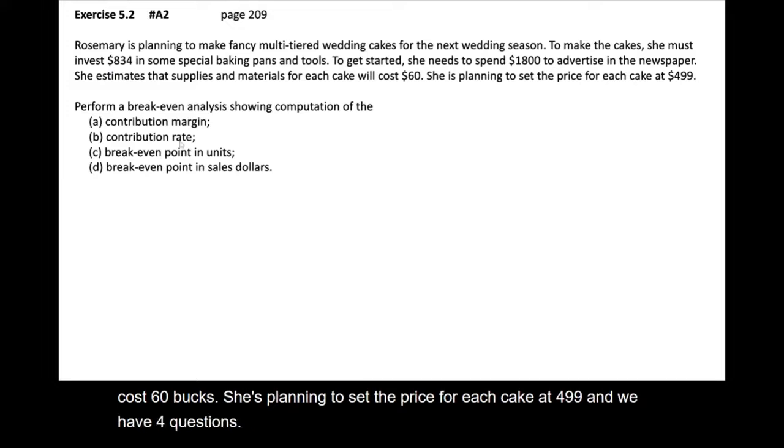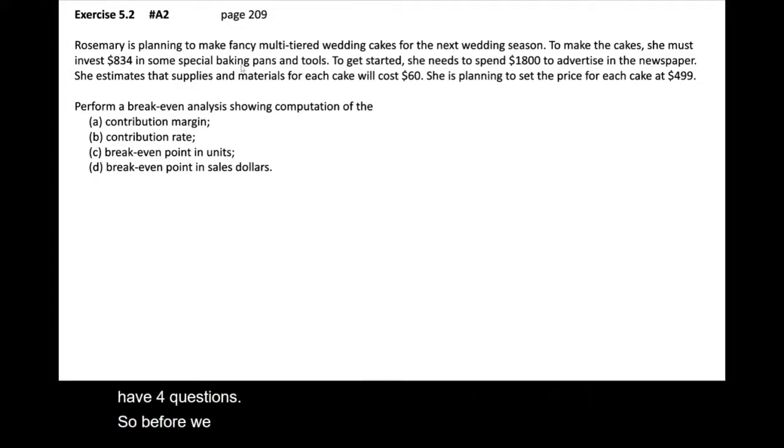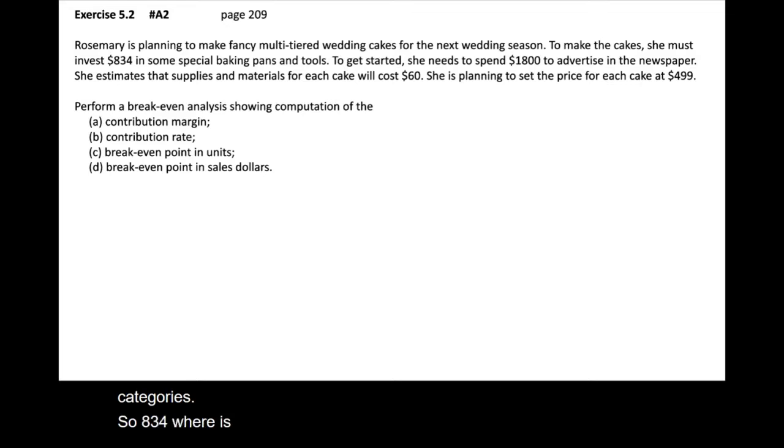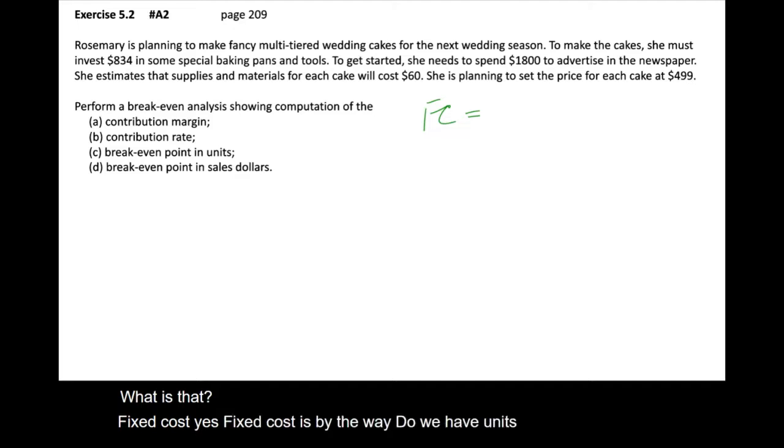So before we answer questions, let's put the provided numbers into categories. So 834, what is it? Fixed cost. By the way, do we have units here? Yes or no?